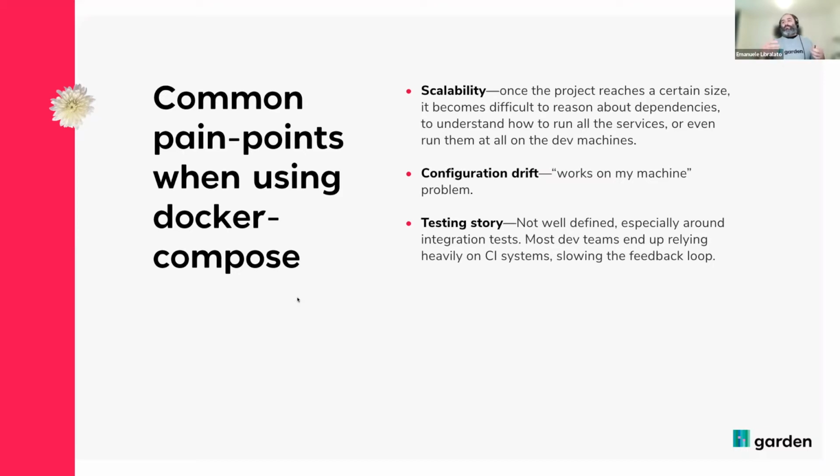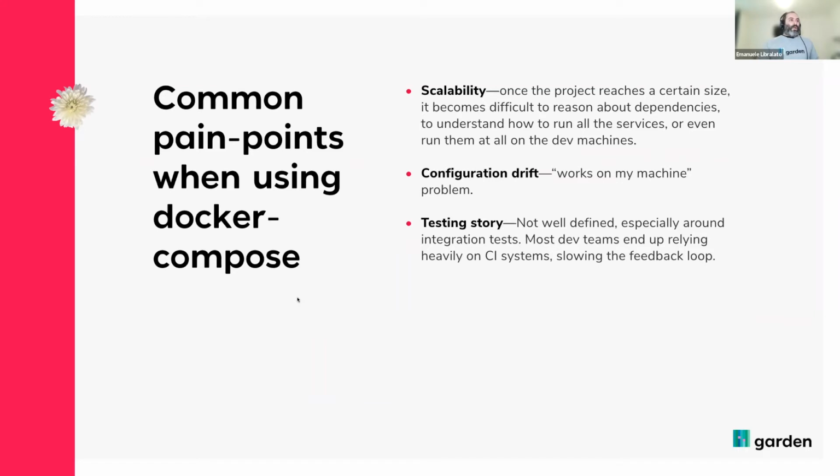A typical use case is you make your changes, you fix a bug, you make a new feature, you run your unit tests on your machine, then everything else is run in CI, and then you suddenly discover that you broke a downstream service, and you have to go back to your local environment, make changes, and rinse and repeat. And this is kind of frustrating for a lot of these people.